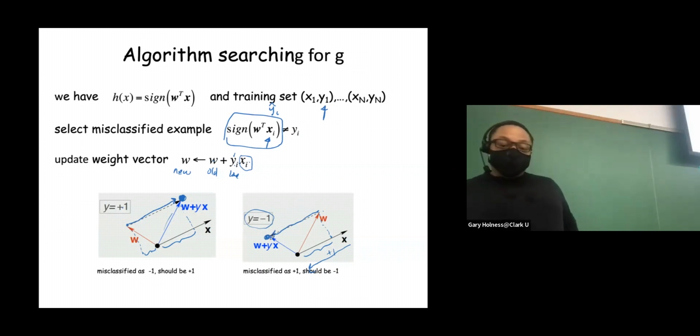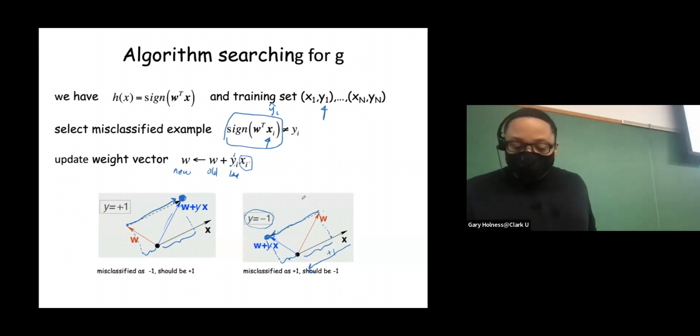So if we take this new version of our hypothesis and project that down, oh, wait a minute, it's on the negative side of the original vector. So it's correcting what side of the line that data point should be on. Does that make sense? All right.